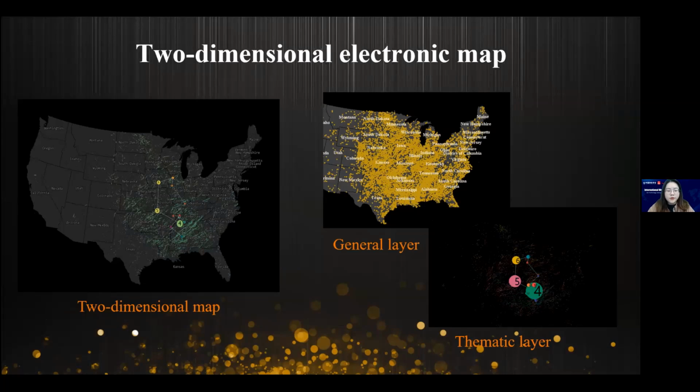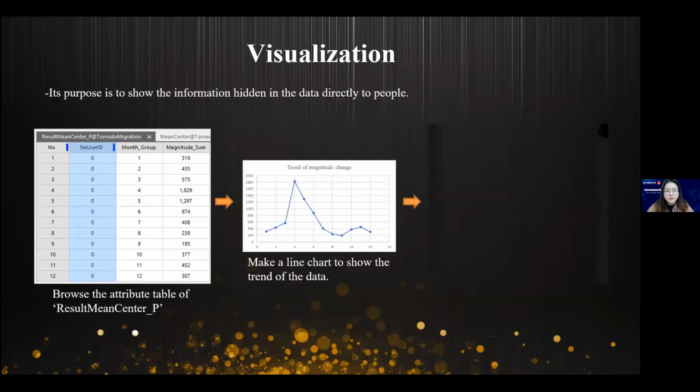As we know, there are general layers and thematic layers in our two-dimensional electronic map. As for data, the purpose of visualization is to show the information hidden in the data directly to people.